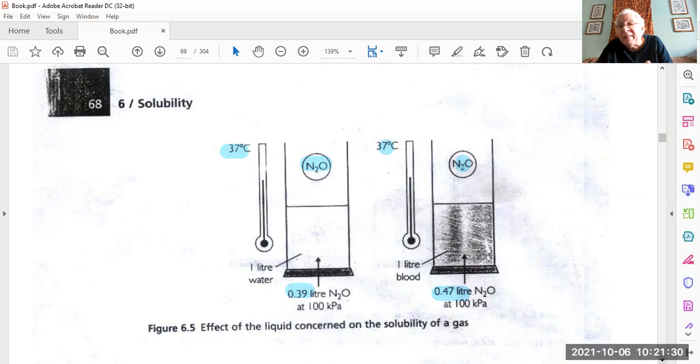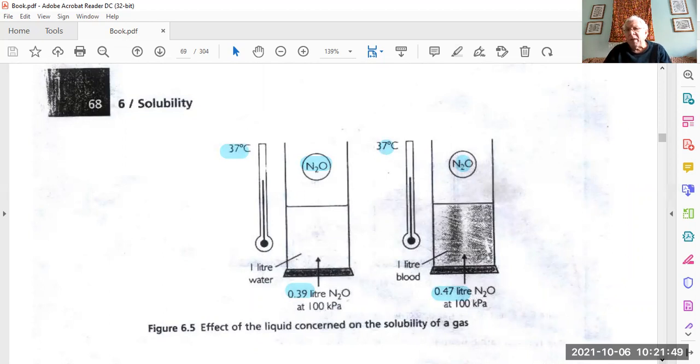On the other hand, if we replace water with blood, we can see that the absorption is only 0.47, which is a figure we must memorize.